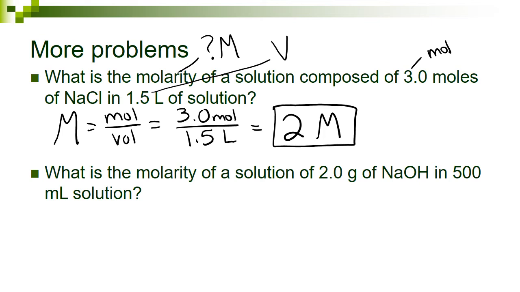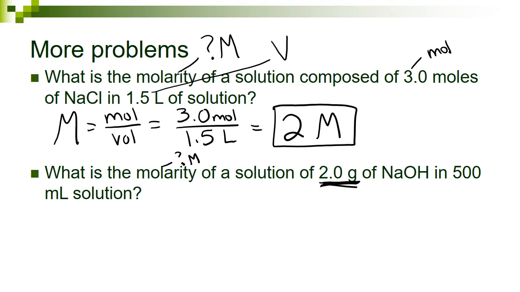There we go. Now this last problem, I'm trying to be a little bit tricky. I added a few things in here to, well, let's just say make you think just a little bit. So it says, what is the molarity? So again, we're trying to find out big M of a solution of 2 grams. Now on this one, I didn't give you moles, I gave you grams, but you can figure that out.